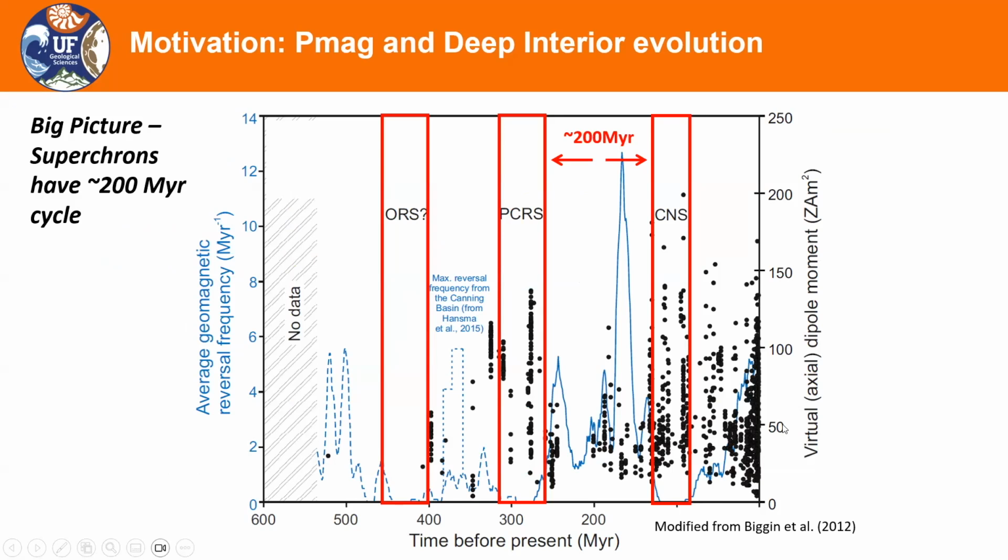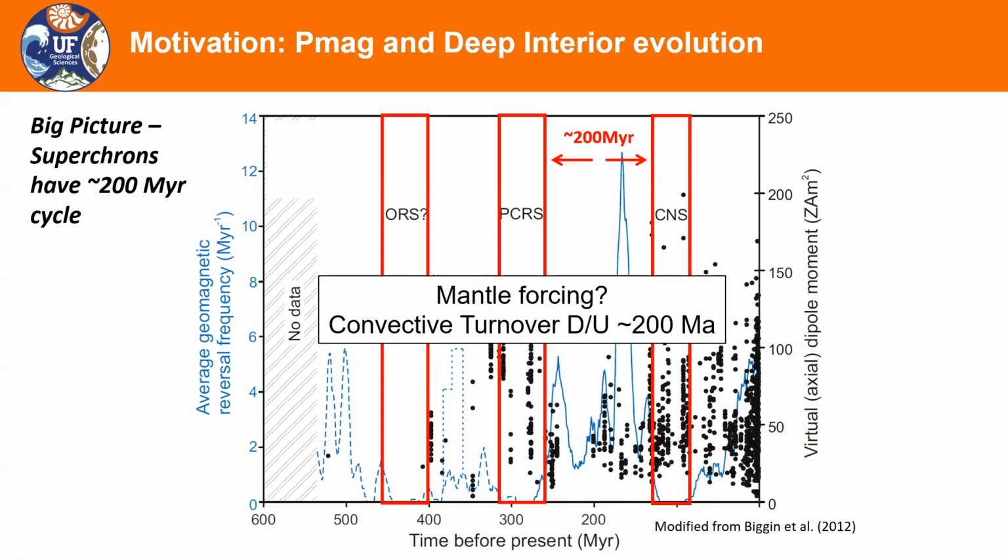They are somewhat related with higher field strength in time periods with lower reversals and the other way around. And we can see, looking at this picture, that the time interval between supercrons is somewhat similar to the time it takes for the convective overturn in the mantle. So that was a big part of why we looked into mantle convection in the first place.